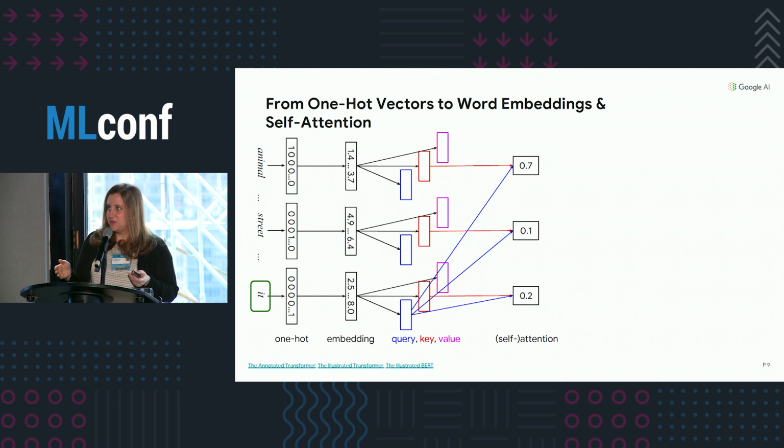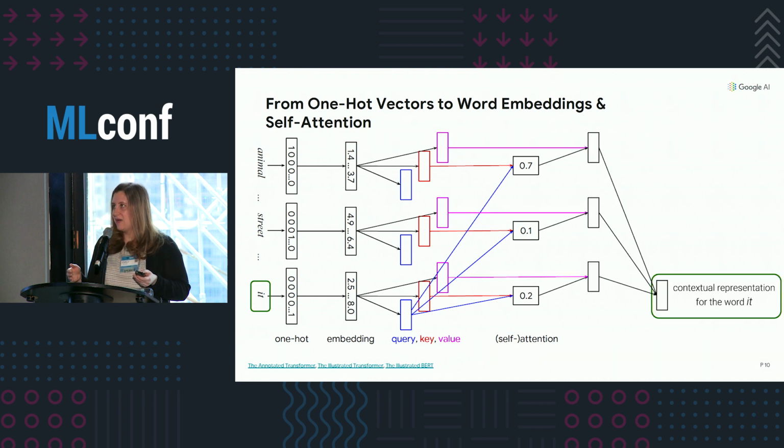And then after we have these weights, we multiply that by the value portion of the vector, which is the actual representation that should be moved forward. And from that, we get a new representation. And so that's just done once.